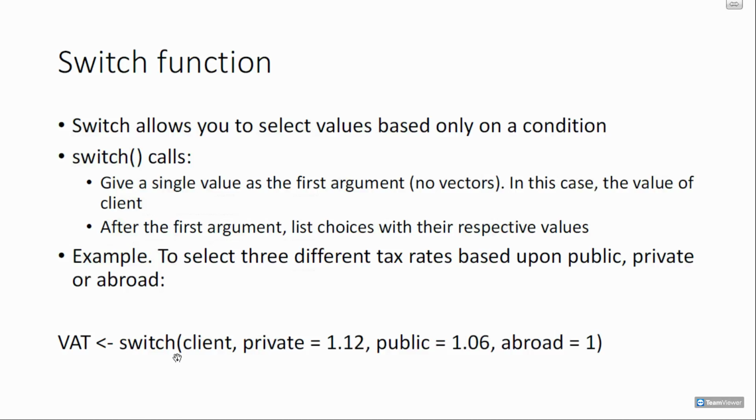So in this case, we are saying switch, and the first argument is always the value, the client. Based on the client's value, select one of these three values. So what we are saying is private equals 1.12, public one value, and abroad one value. Based on the client's value, if it's public, it's going to go here and pick public equals 1.06. This 1.06 is going to be returned by the switch statement and assigned to VAT over here. So similarly, if it's private, VAT is going to be 1.12.